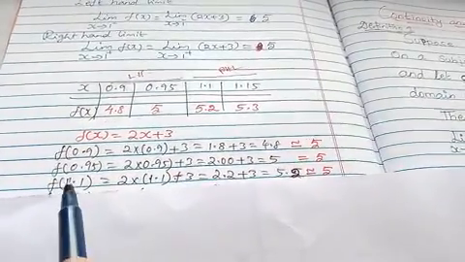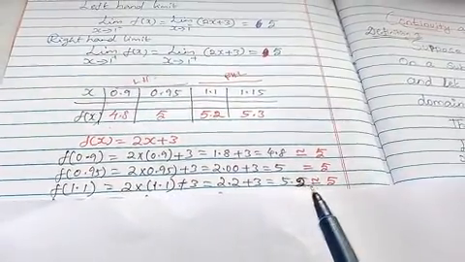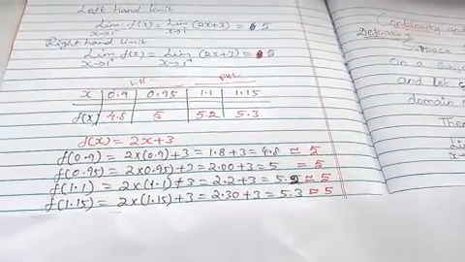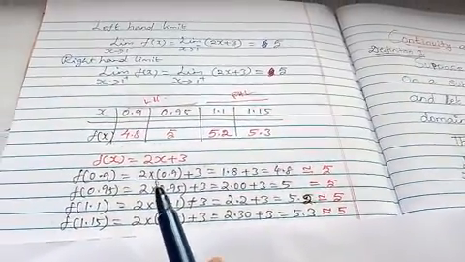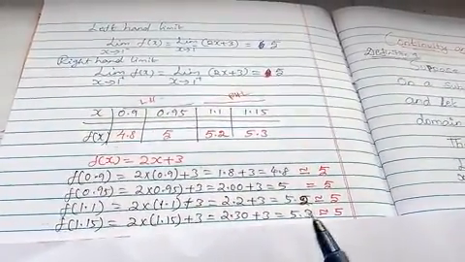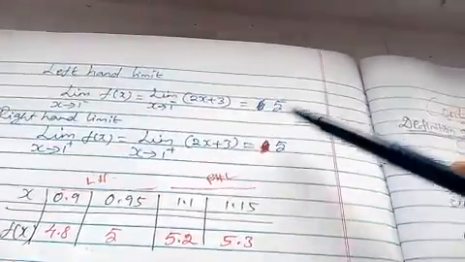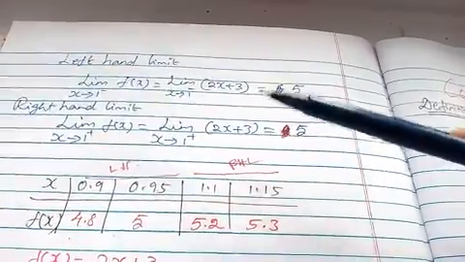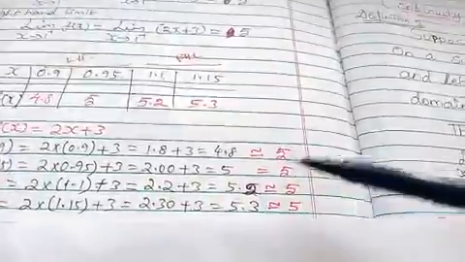When you replace 1.1 in place of x, you get 5.2, approximately 5. When you replace 1.15 in f of x, we get 5.3, which is approximately 5. So I directly took the left hand limit and right hand limit both equal to 5.